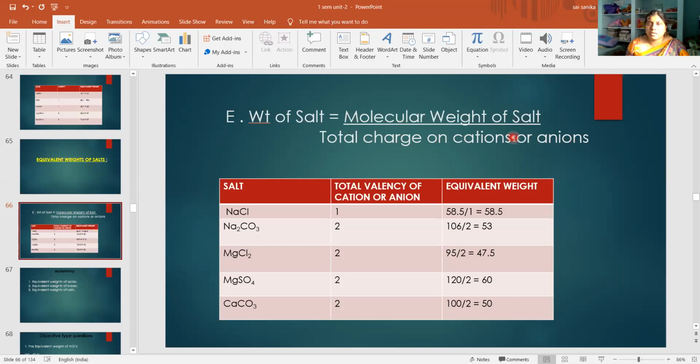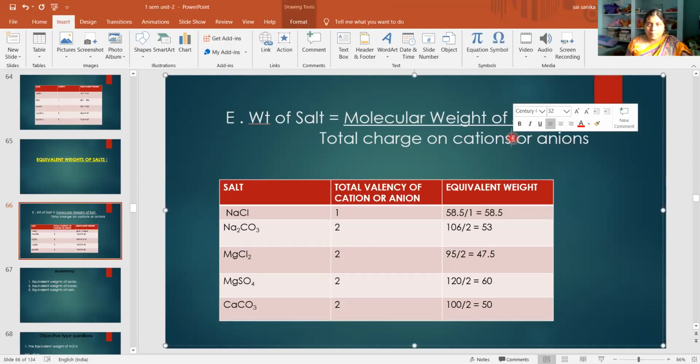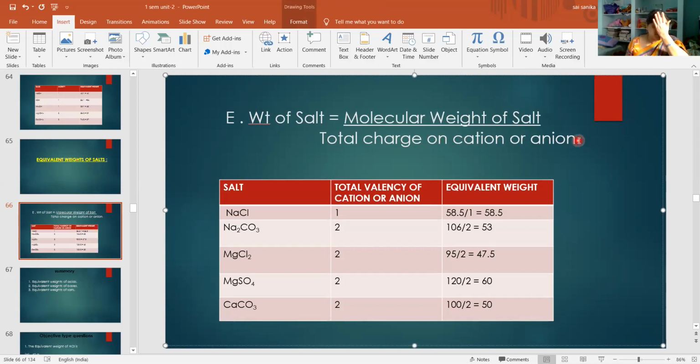Okay, so here for acid and base we take acidity and basicity. For acid, basicity. For base, acidity. But for salt, what will we consider? The net charge present on cation or anion. Why are we taking either? Because the charge present on the cation is always equal to the charge present on the anion.